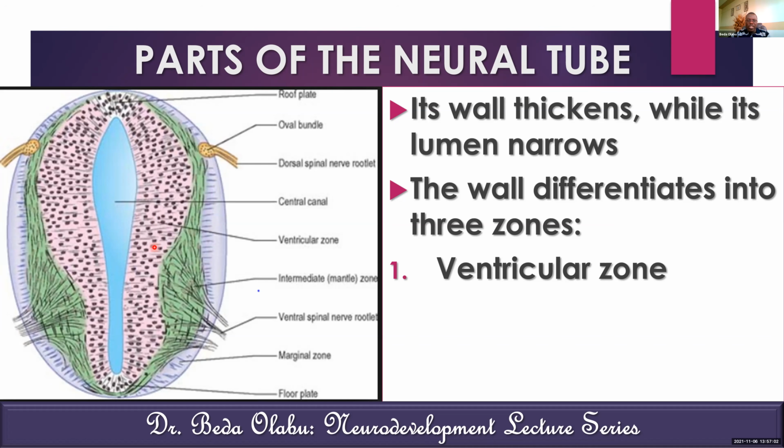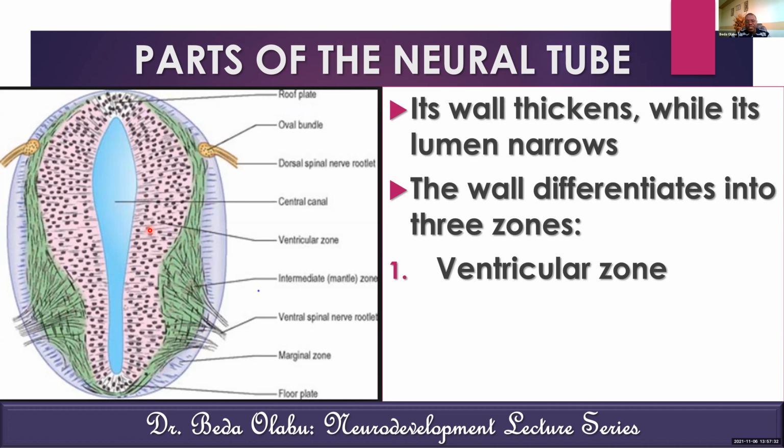It contains a population of cells which are actively mitotic, giving rise to the other cell types. 2 groups of cells are present at this point. The lineage that gives rise to the neurons are called neuroblasts, and the lineage that gives rise to the supporting cells are called glioblasts. They're all present in that zone.